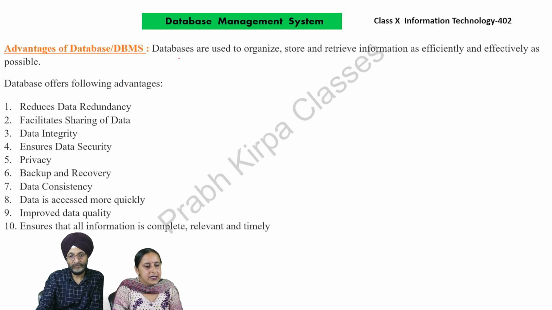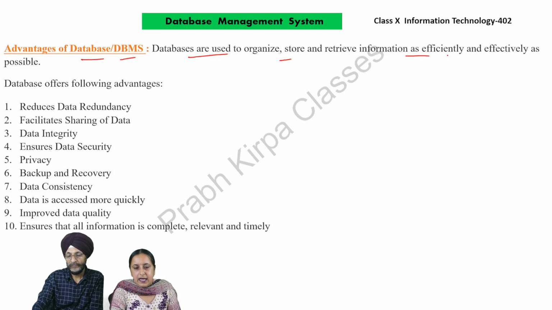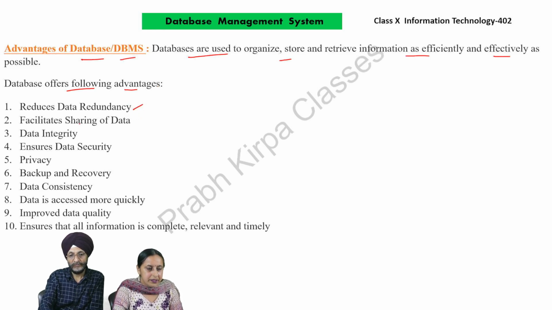Next, advantages of database or DBMS. Databases are used to organize, store, and retrieve information as efficiently and effectively as possible. Database offers the following advantages. Number one, reduces data redundancy. Number two, facilitates sharing of data.